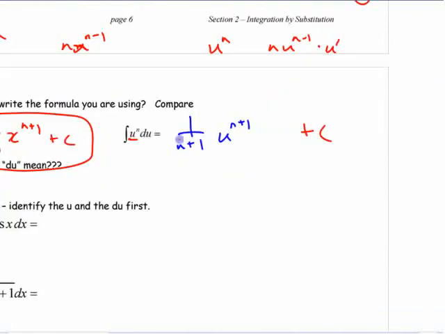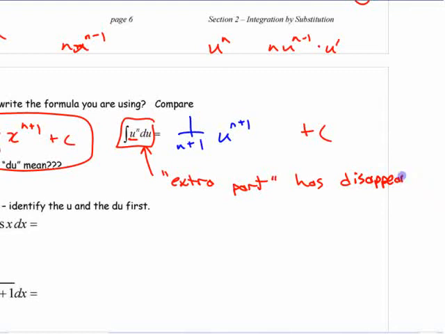Once you've changed this to du, the extra part has disappeared already. The extra part is already involved in this du. You have to change it to do that first. Once you're at the stage of having this, it's dealt with already. You've already dealt with it.